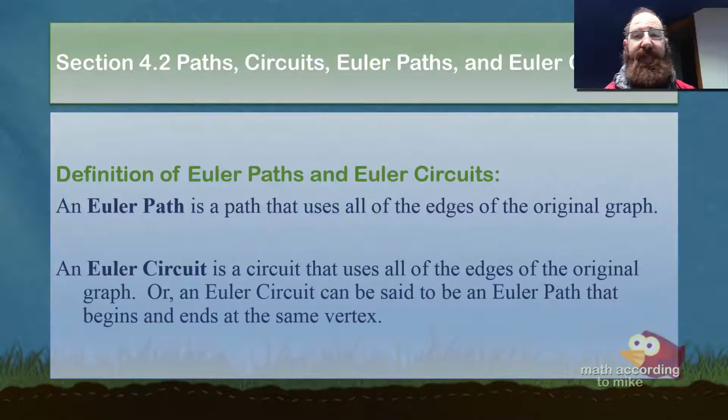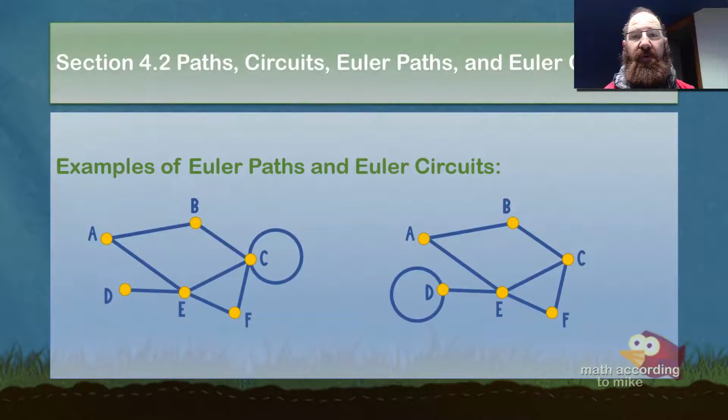We actually already had some examples of Euler paths and Euler circuits. So we had these graphs before. Let's try to find some other Euler paths and Euler circuits. There's more than one. In fact, I'm trying to go from memory here. I'm going to get these wrong. So we can do C, C. So that means take the loop.